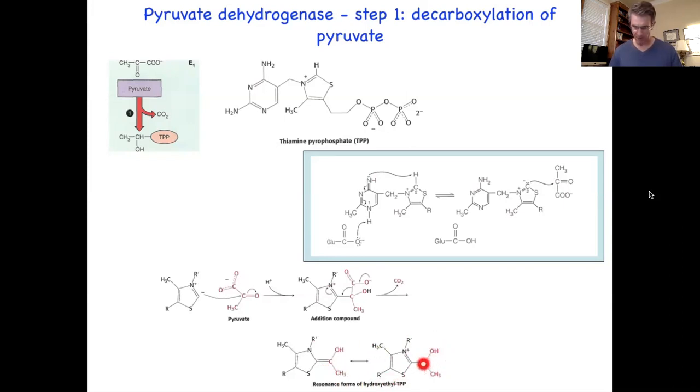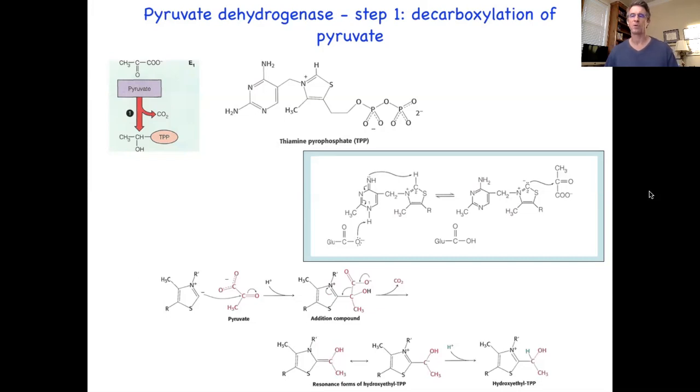The hydroxyethyl TPP can also take up a proton to form a hydrated form of hydroxyethyl TPP. And we've sort of completed the first step of the reaction. Like I said, this ought to look familiar to you from the pyruvate decarboxylase reaction, because in pyruvate decarboxylase, we would take this addition product right here, do a little acid-base chemistry on this sucker, and kick off acetaldehyde. But we're not going to do that.